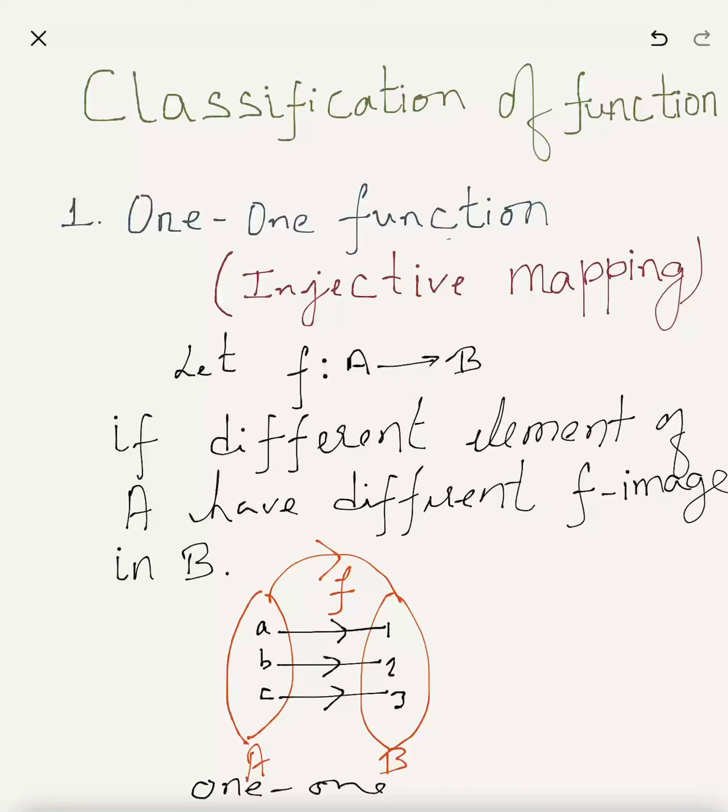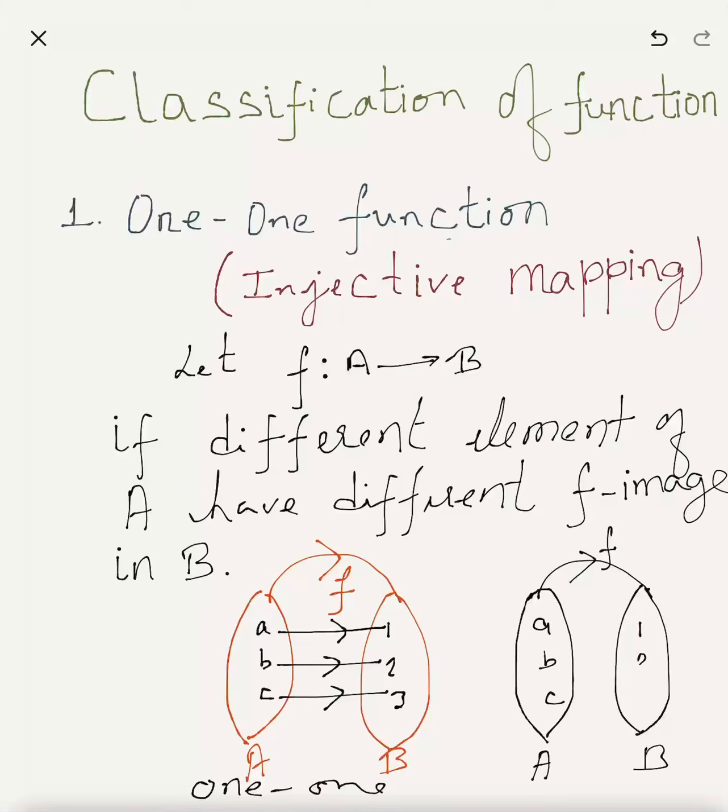Look at another example. Suppose there is a set A and here you have set B. This is A, this is B, and f is going from A to B. a, b, c, 1, 2, 3. Suppose a has f image 1, b has f image 2 and c also has f image 2.